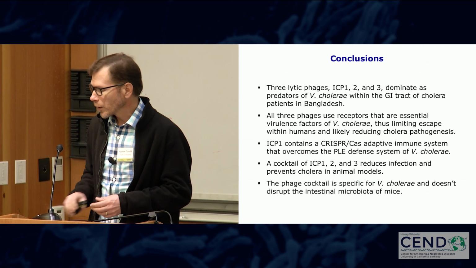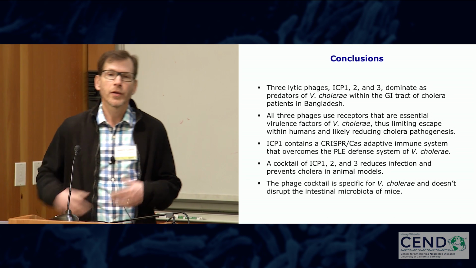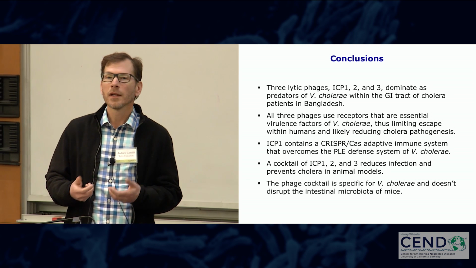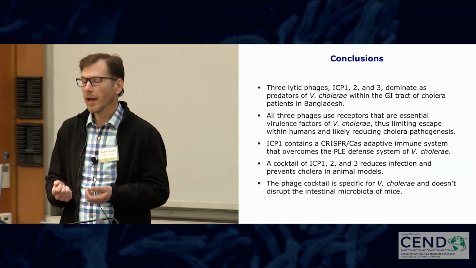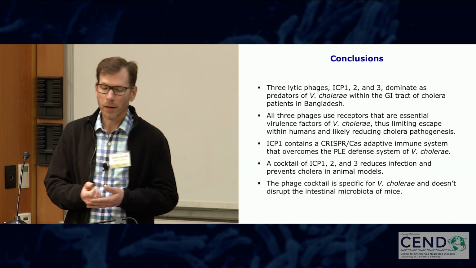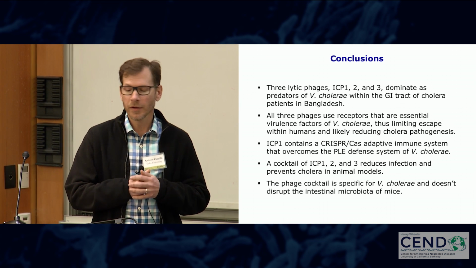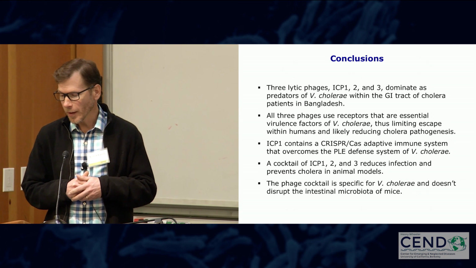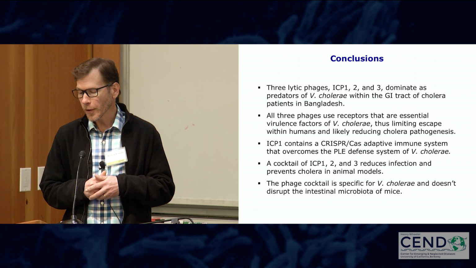And so right now we're working on how to produce the phage cocktail in huge amounts and have it be stable in oral vehicles that are FDA approved, and trying to get money to do a clinical trial. But we're excited about this and are moving forward on it.